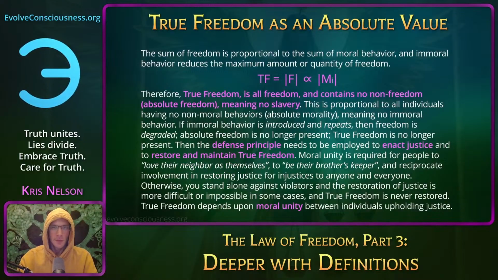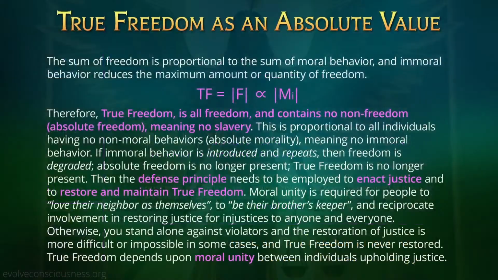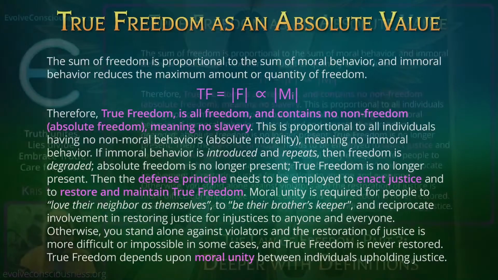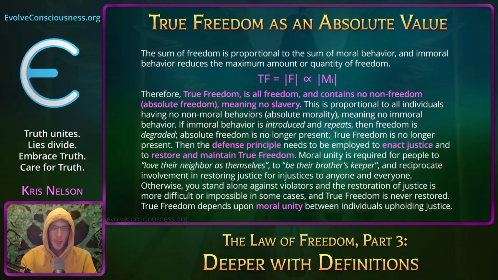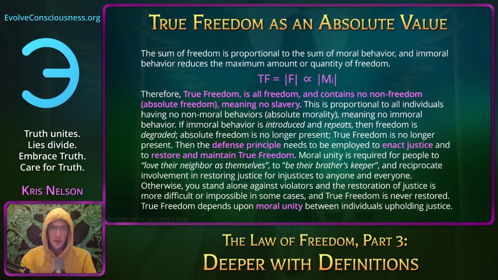True freedom as an absolute value. The sum of freedom is proportional to the sum of moral behavior, and immoral behavior reduces the maximum amount or quantity of freedom. So here's an equation I made. So TF is true freedom, and that equals absolute freedom, which is directly proportional to the absolute morality of each individual.